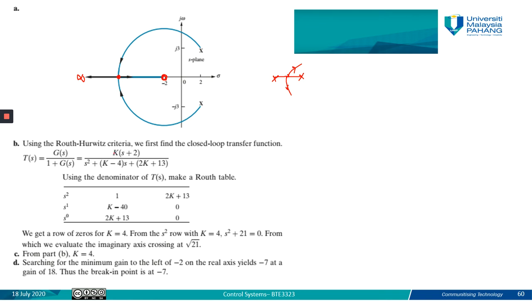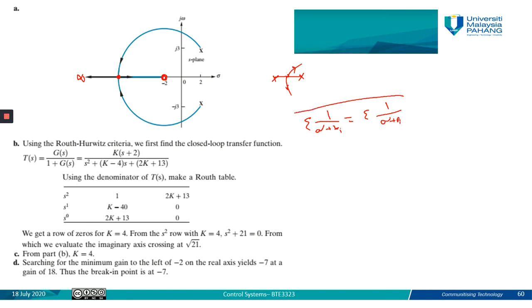Actually, you can just find the value here by applying the differentiation method that we learned before, or by using the formula: summation of 1 over sigma plus z_i equals summation of 1 over sigma plus p_i.